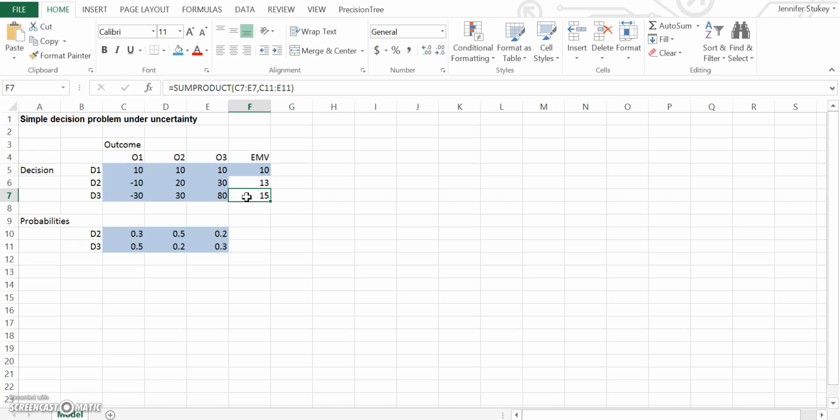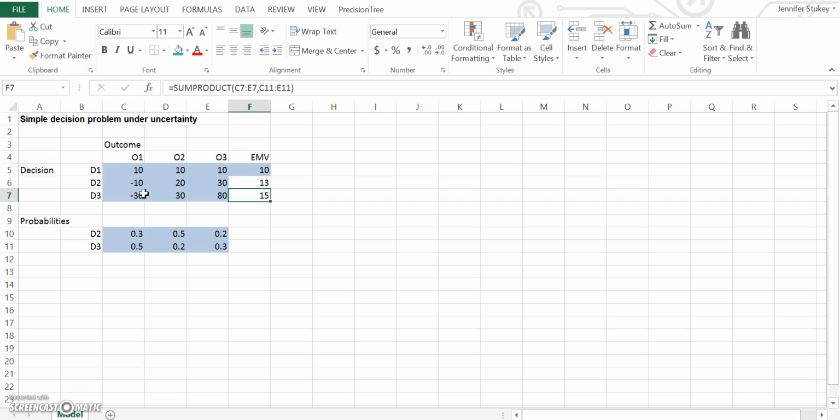Now, just so that you understand, there is no outcome that is going to produce a gain of $15 for the company. One of the three outcomes is going to occur. They're either going to lose $30, make $30, or make $80.